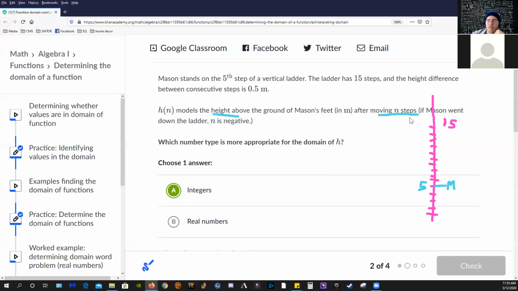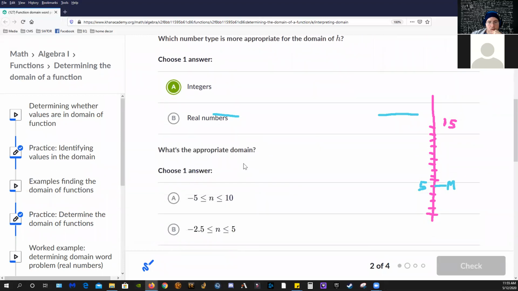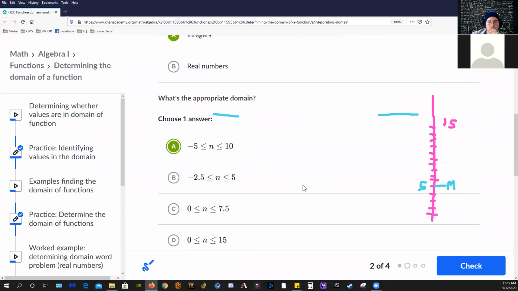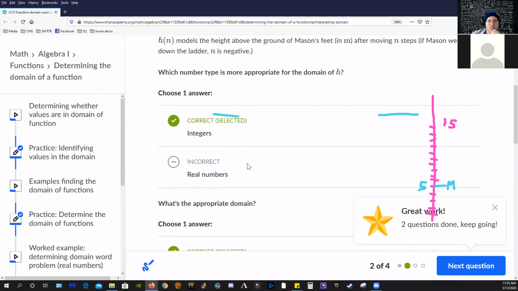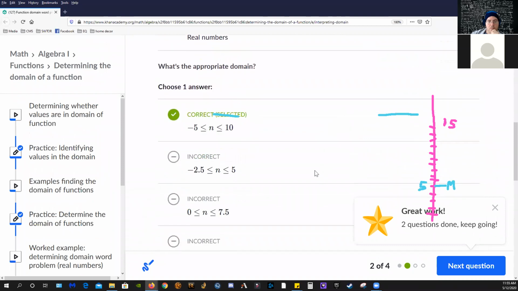You either take one step or you don't take any steps. So I'm going to go with integers. The low bound would be -5 from where he's at, and the high bound would be, I think that looks right. I'm going to go with my instinct to see what happens. Cool. Okay. So from where he's at, he can go down 5 or up 10. Yeah. Okay. I get it.